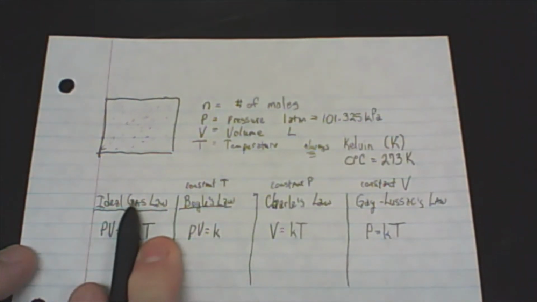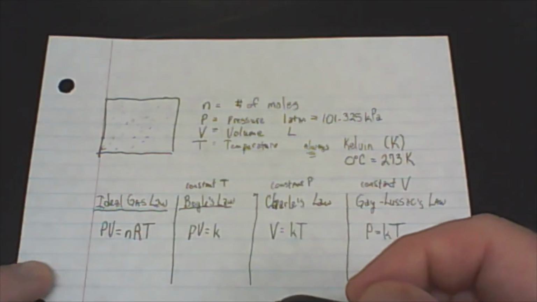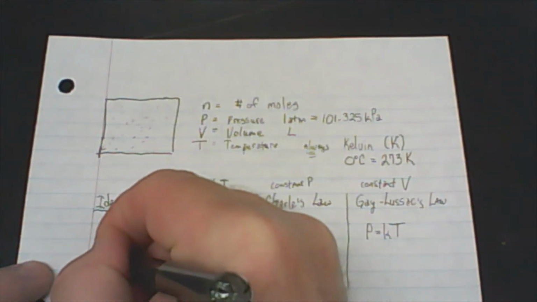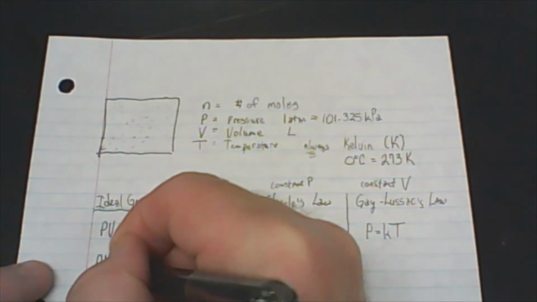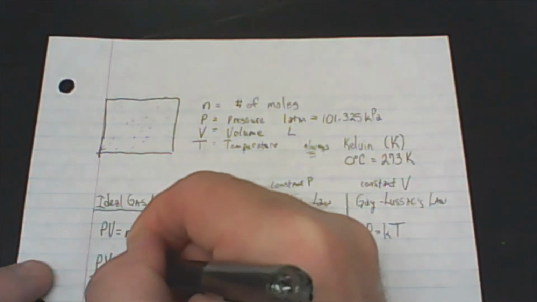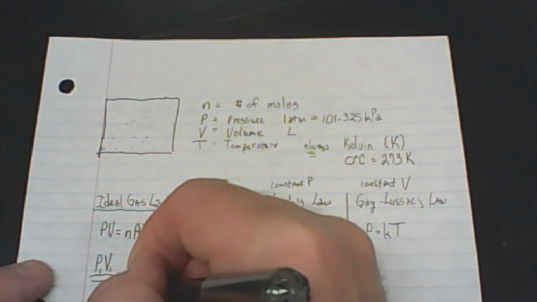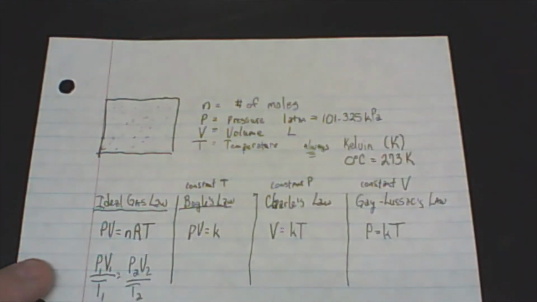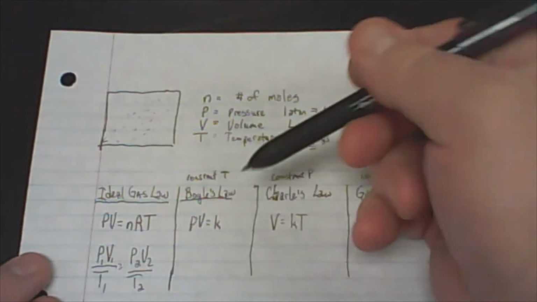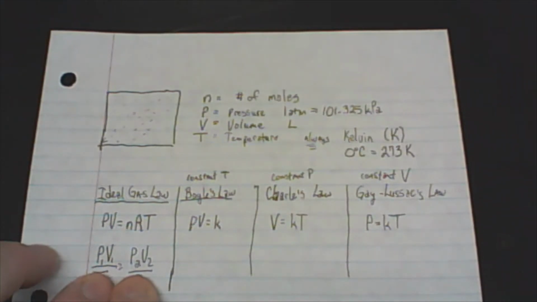So that becomes a constant, so I would end up canceling it out. So what I would end up with is the form P1 V1 over T1 equals P2 V2 over T2. So based on that, if I have a constant temperature, they'll cancel out, and I can just ignore it.